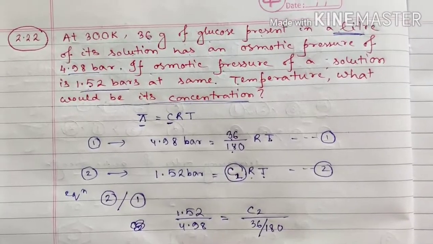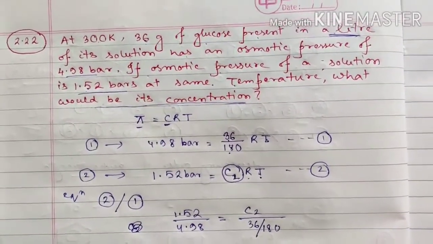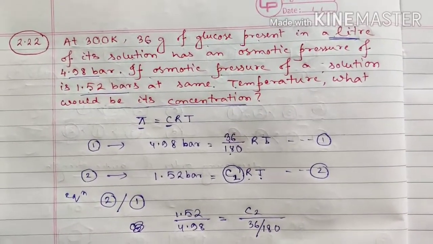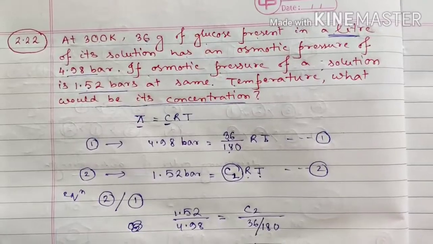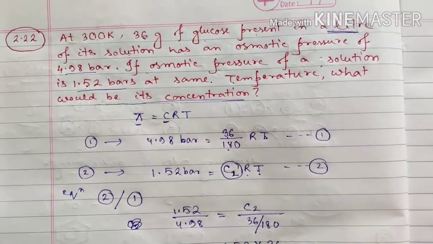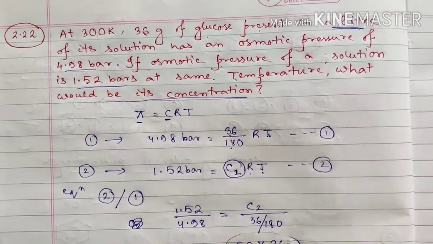Now from here, if you want to calculate, you calculate it by yourself. It should be C2 is equal to 1.52 into 36 divided by 4.98 into 180. Now you calculate this part separately.